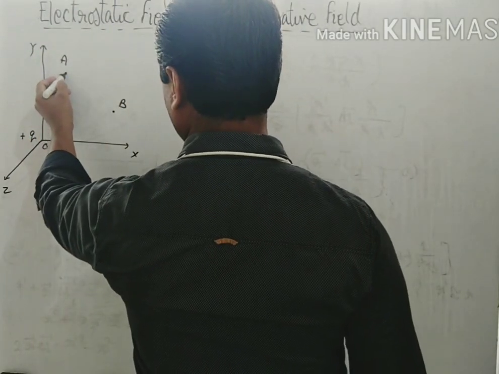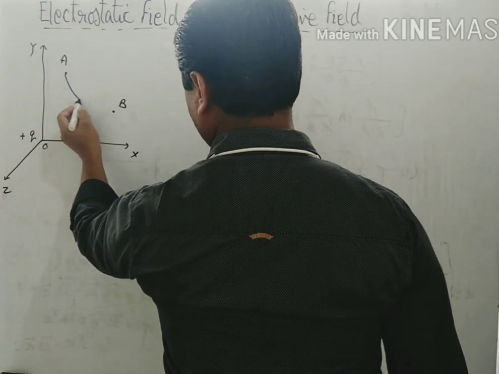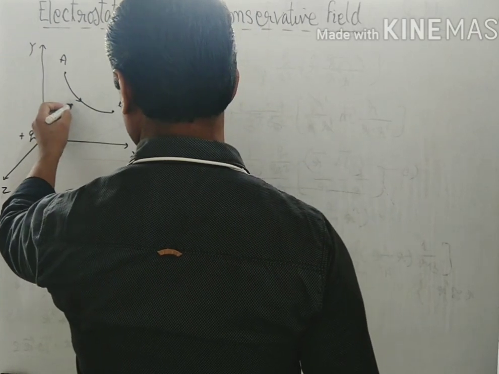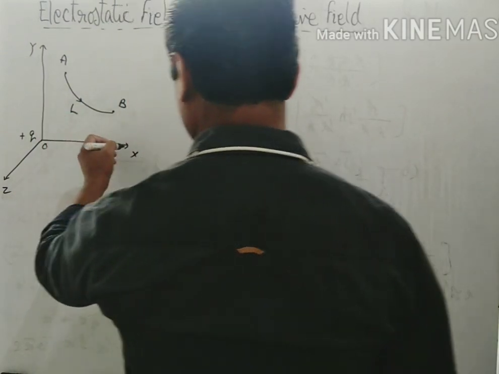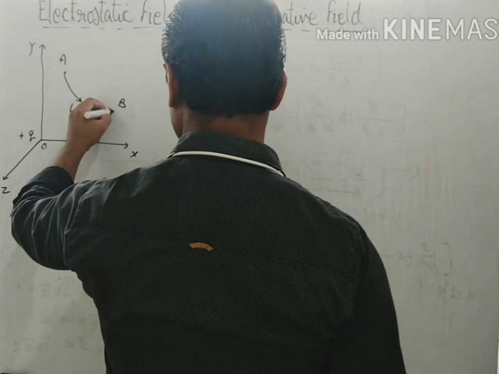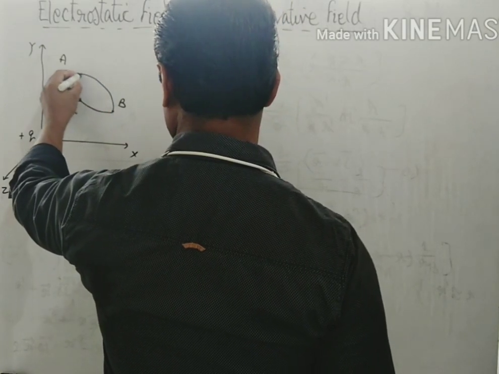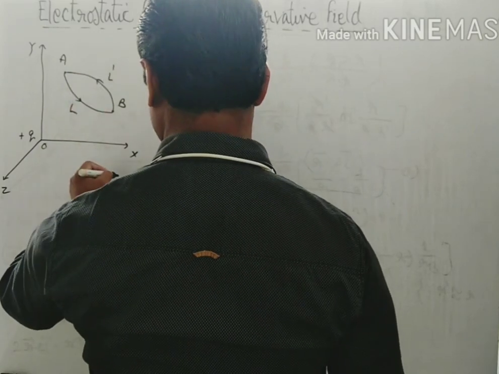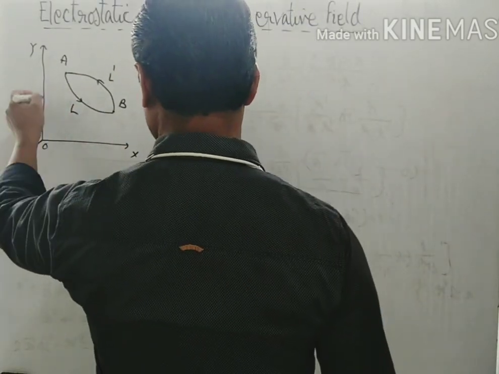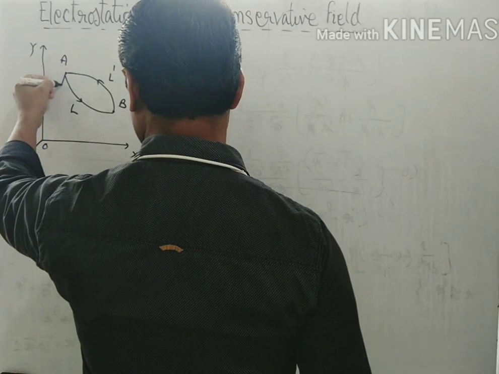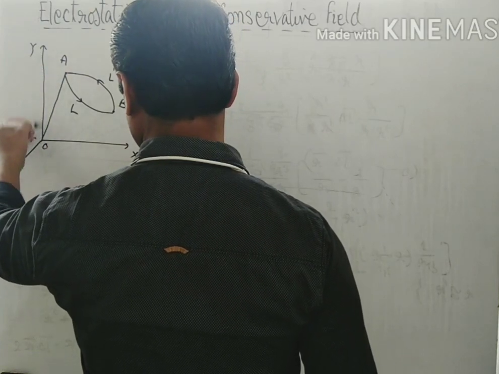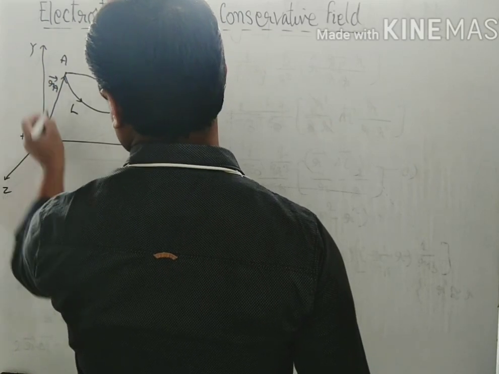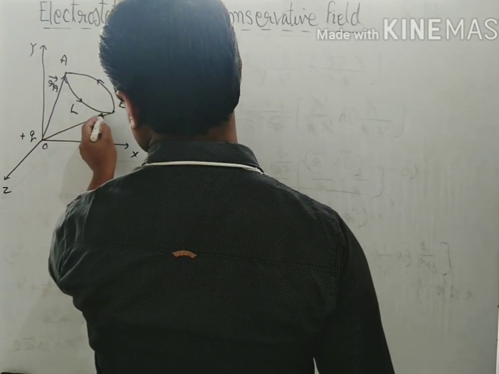Now just have one path from A to B. Now this path we represent by say L, and now we have another path from B to A, so let this be L dash, and the position vectors of these two points A and B with respect to origin are RA and RB.